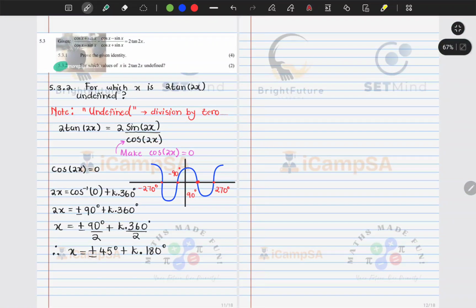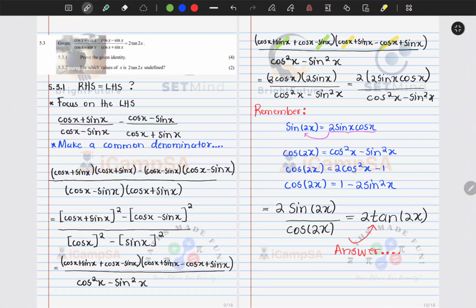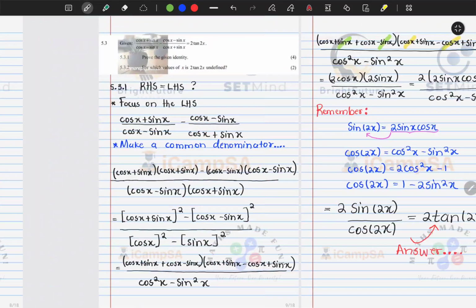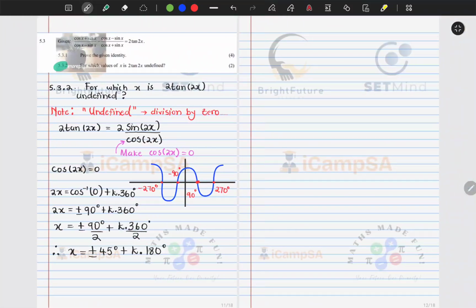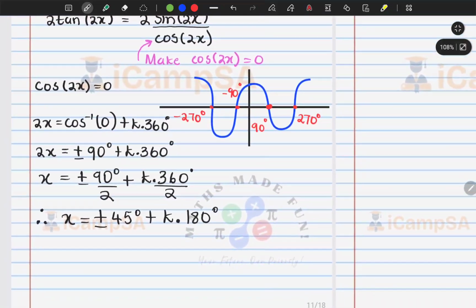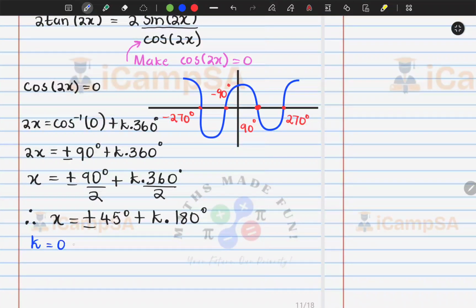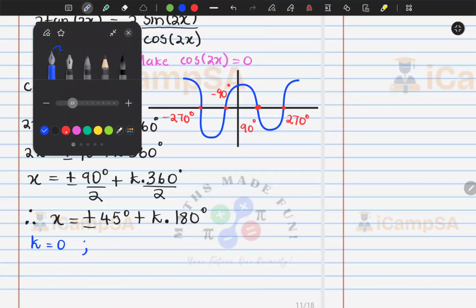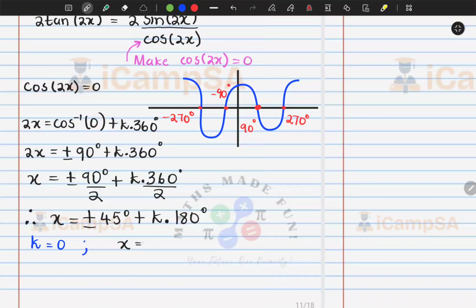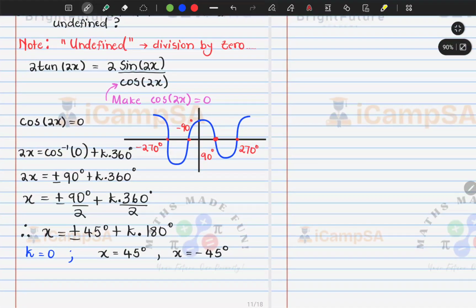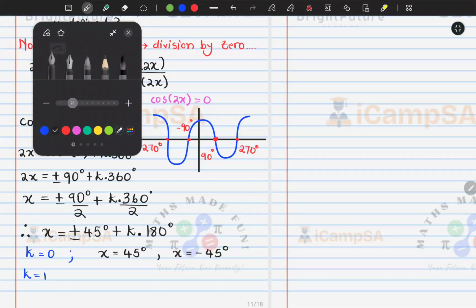So you can leave your solution as such, or you can give a couple of answers. Let's see if they restricted our x values. They really did not. So maybe let's do for k is 0. For k is 0, we have two answers: x equals 45 degrees and x equals minus 45 degrees. Then for k is 1, we'll get two x values.